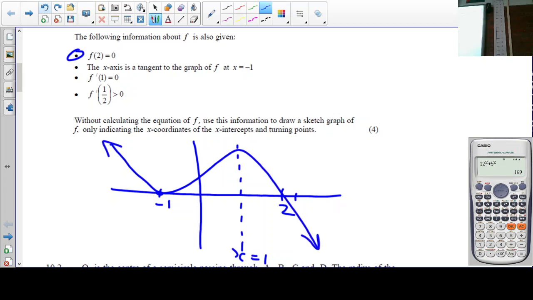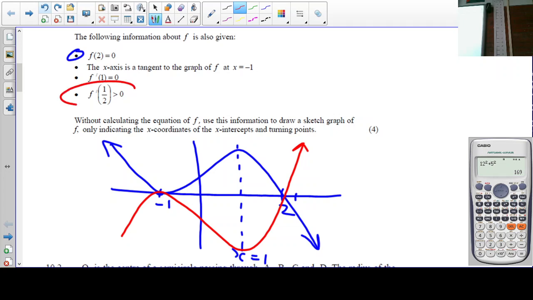There's one scenario. Or the graph could be turning on x equal to 1 and cutting 2. One of the two.